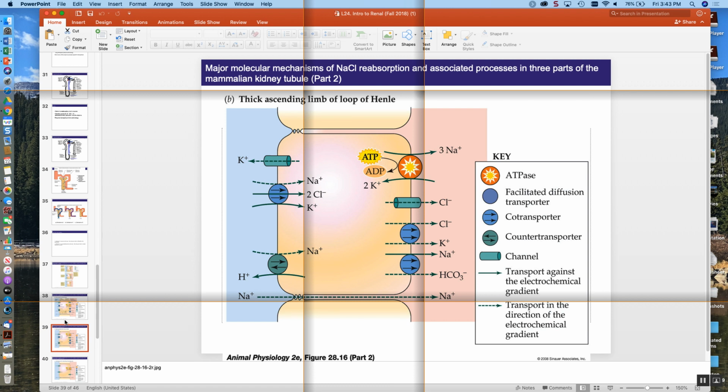If you block that with Lasix, what happens to all the salt? It actually stays inside and then gets delivered to the collecting duct. Right? This is very hyperosmotic down here compared to up here.